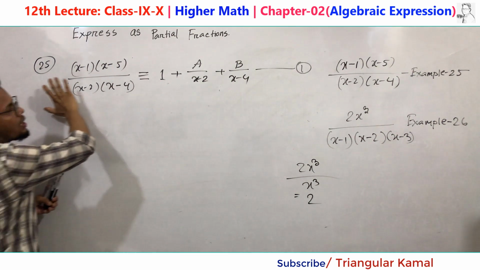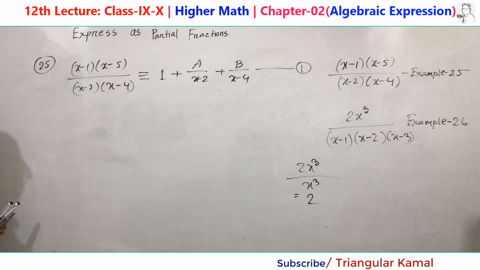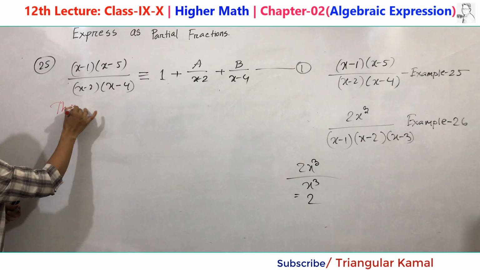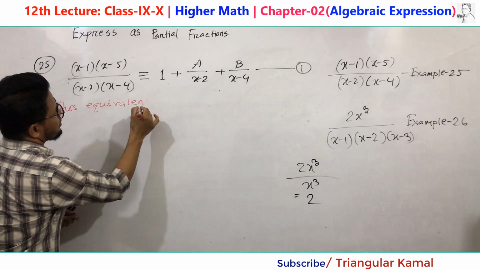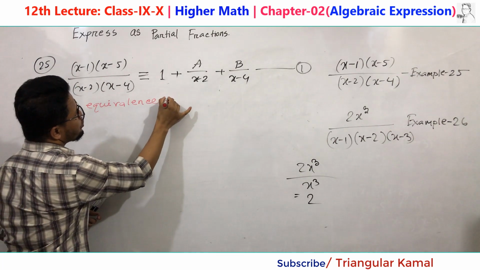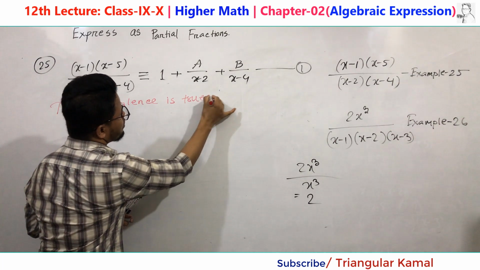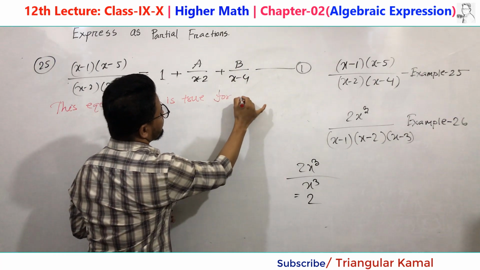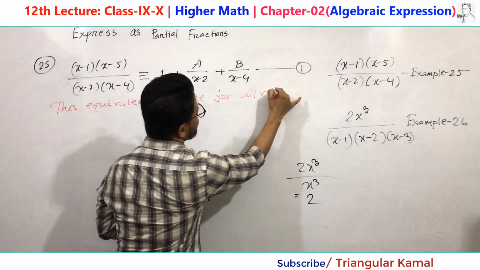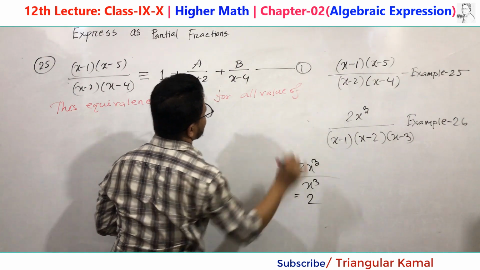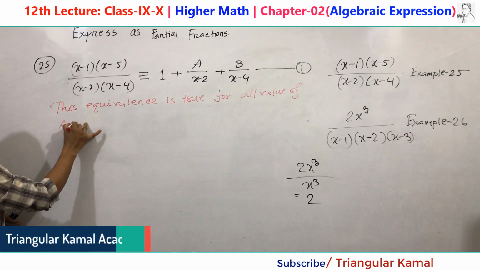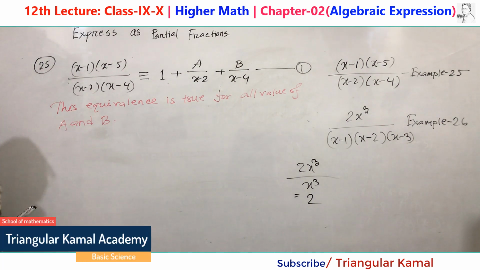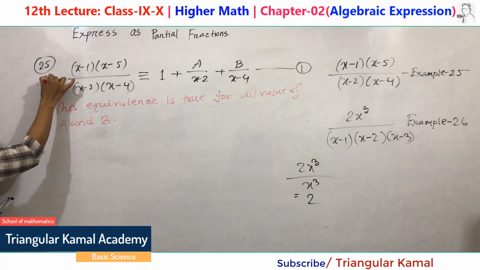So now just apply all rules as in method number 1. First you have to multiply this equivalence, which is true for all values of A and B. So you can write here the first structure.